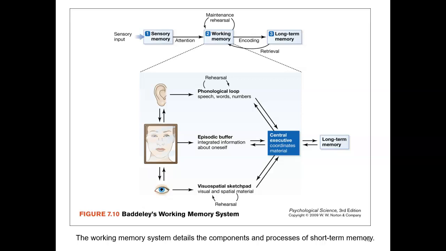So you tie information about yourself to the new information you're trying to encode. Then you can send that off to long-term memory. When you join information with things that are personal or about you, it does become a very effective retrieval cue. I hope that made sense.